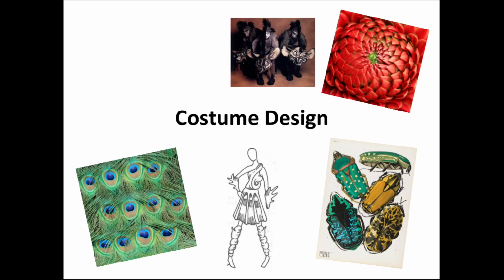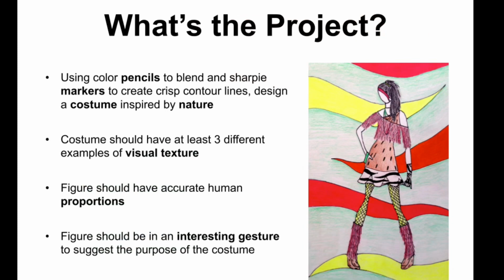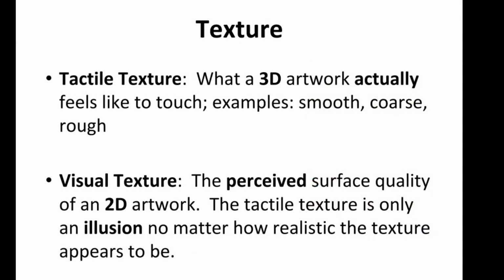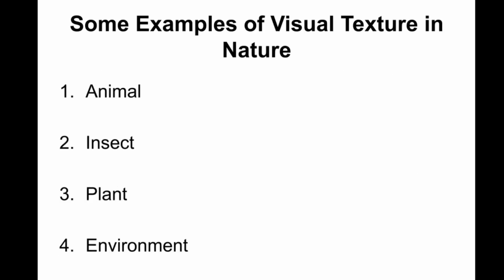I'm going to start today's video by reviewing content from last time. Our current project is to create a figure that has a specific costume on it using visual textures. The figure should be proportionally accurate and have visual texture, which is basically the illusion of physical texture, but obviously in a two-dimensional artwork.